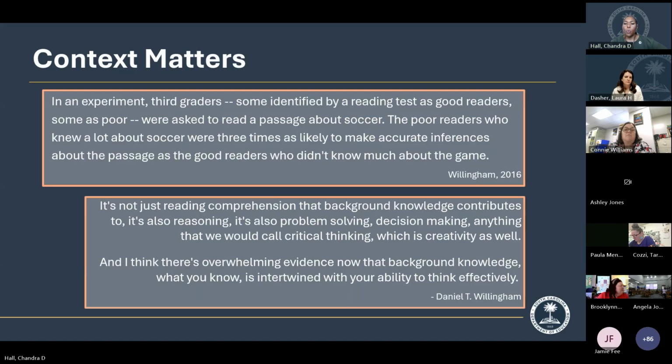Okay. What do you get from those quotes? Please feel free to unmute and let me know, or you can put it in the chat. What are those quotes saying to you?